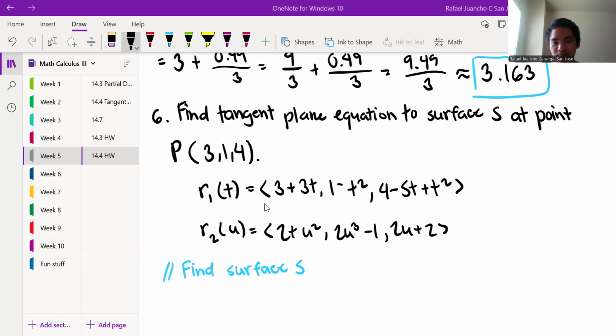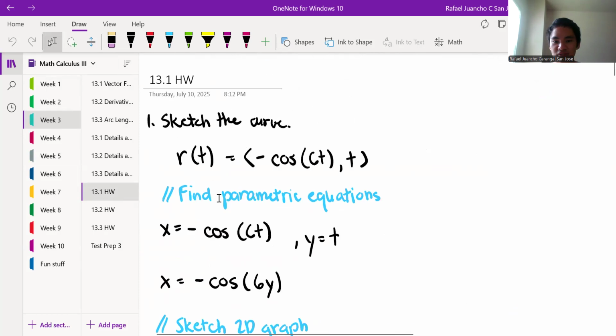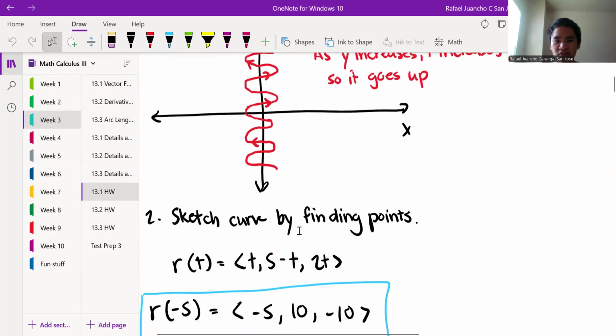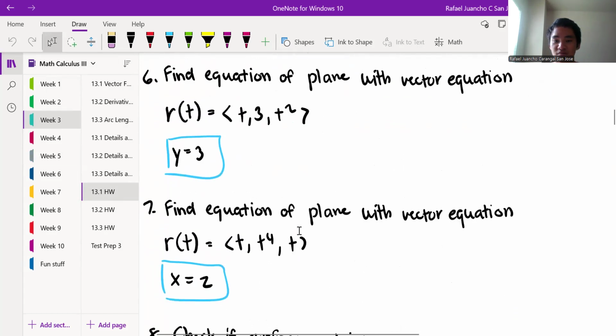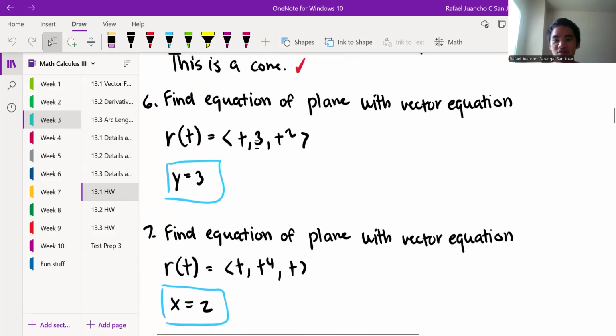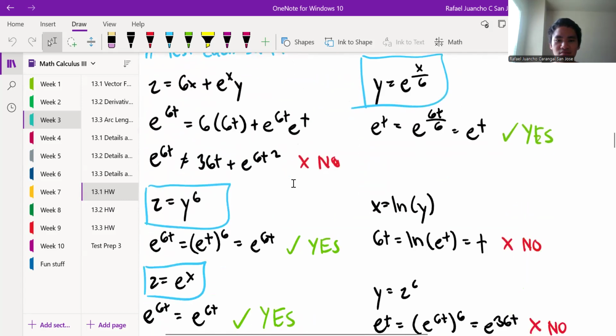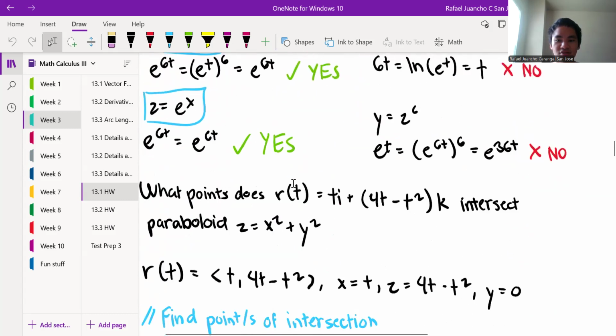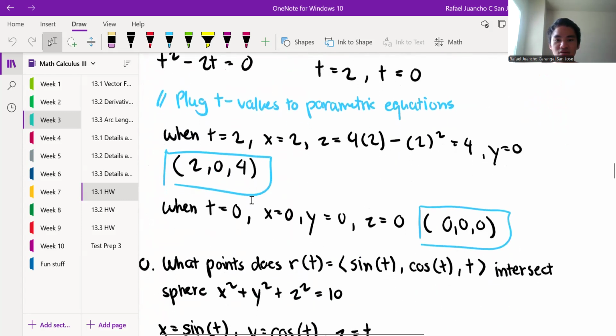Okay. Well, I don't know. Let me check my other homeworks where vector functions appeared. I think there was this idea: sketch the curve, match the thing, find equation of plane. Oh, look at that. Find equation of plane with vector equation. Here I'm given two things. Here I check which one makes sense.